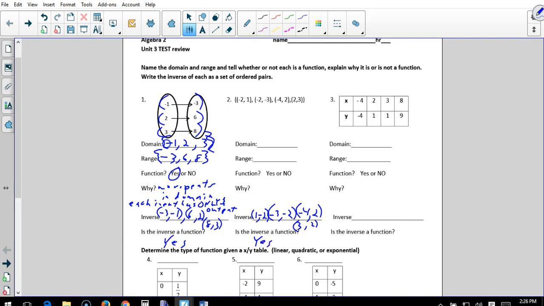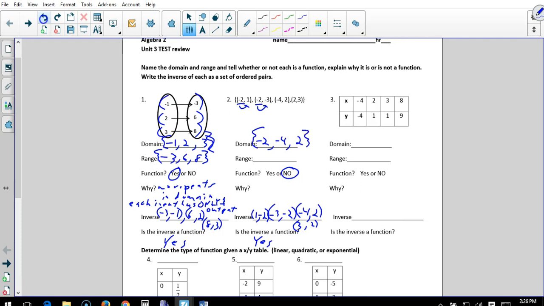Now the domain of number 2. Well, notice I have a couple -2's. I only have to write it once, which also tells me, no, it's not a function, because I don't know if -2 is going to yield a 1 or -3. So at that point, I know it's not a function. So -2, -4, and +2 are my domain.